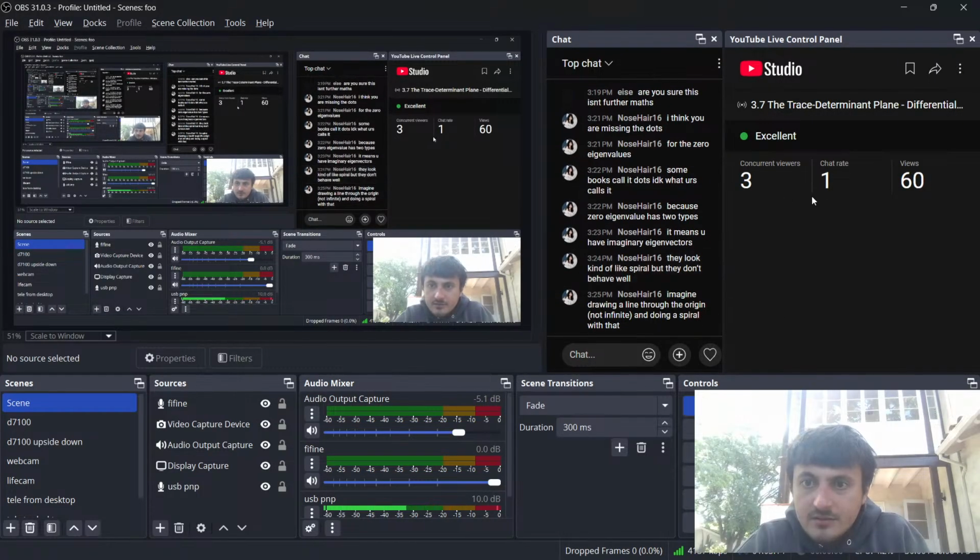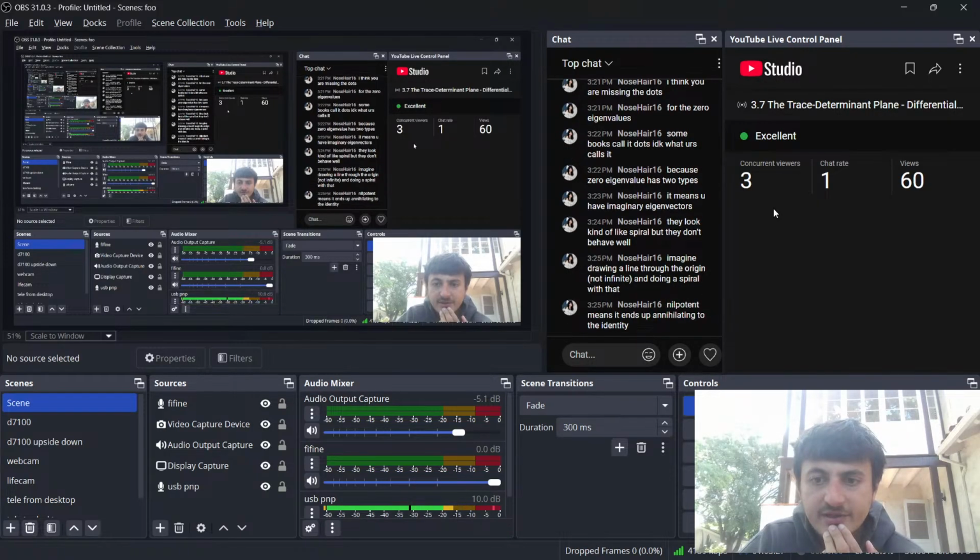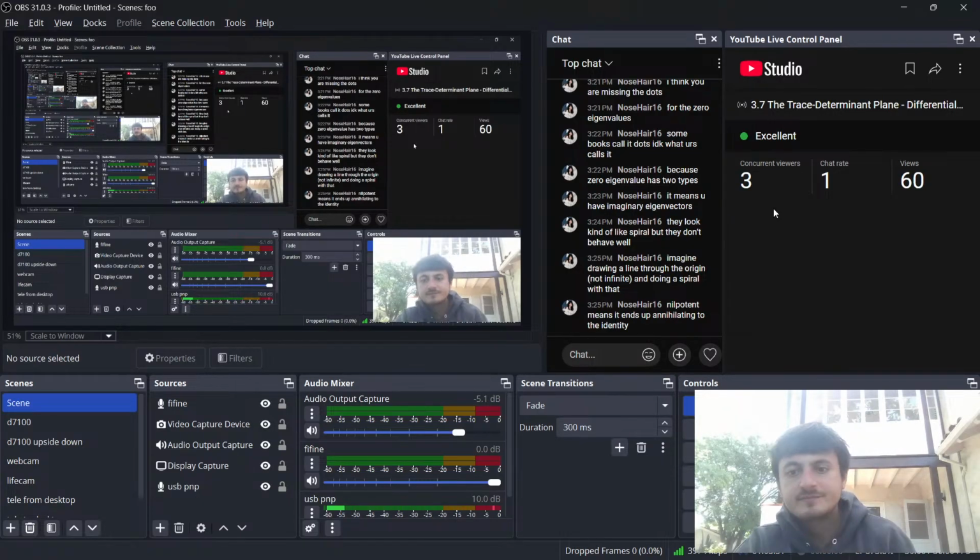Hold on. Some books call it dots because 0 eigenvalue has 2 types. Yeah, right. I know what you're talking about. Yeah, drawing a line. Yeah, it approaches the line. Nilpotent means it ends up annihilating to, yeah.